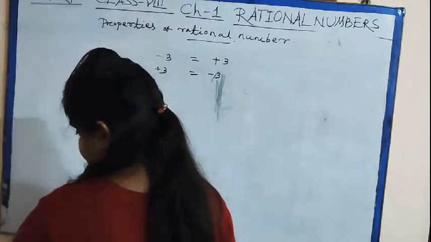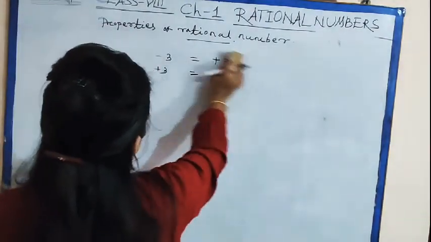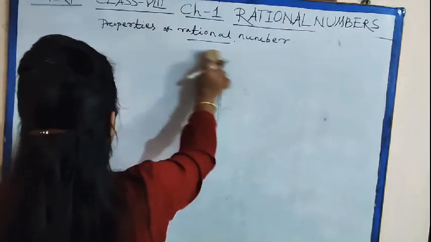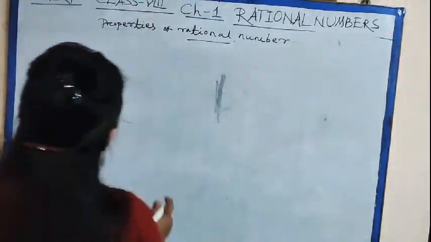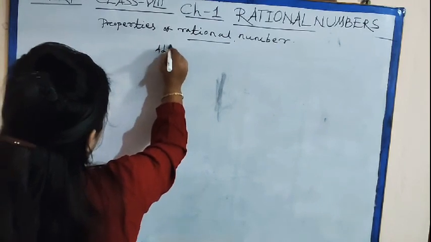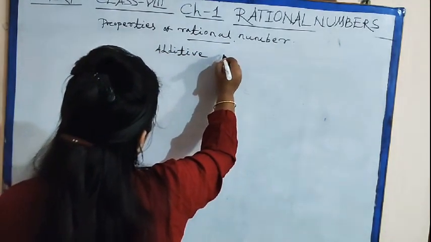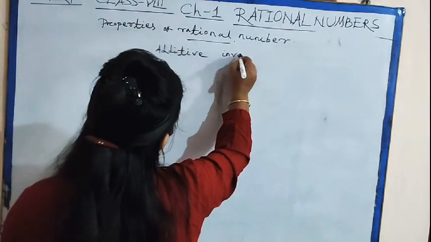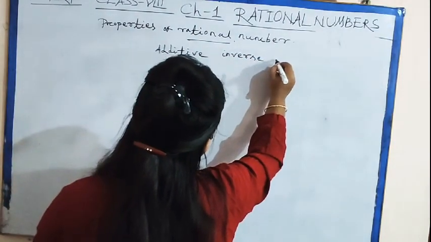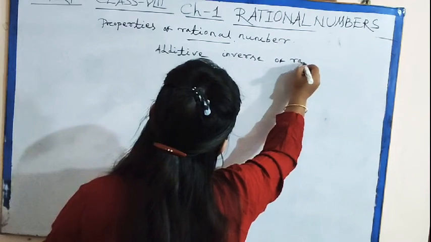It is known as additive inverse. Okay. So what is an additive inverse? Now next is additive inverse of a rational number.